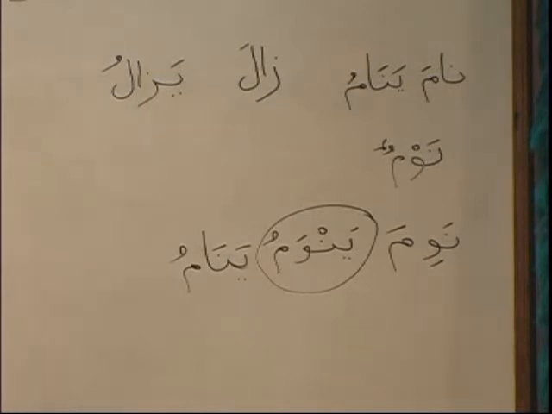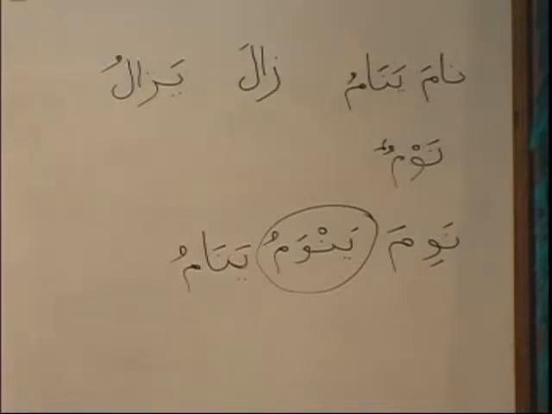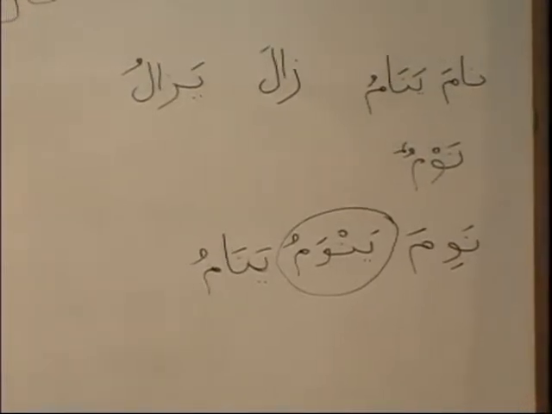So if it is ajwaf wawi but from Bab Sami'a, it will become like this: nima, which is nama, and yanwamu will become yanamu. So you won't see waw or ya until you go to its masdar. Are you with me? Okay.